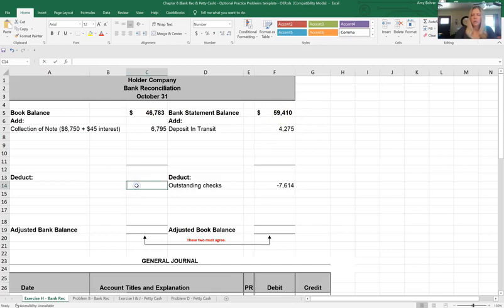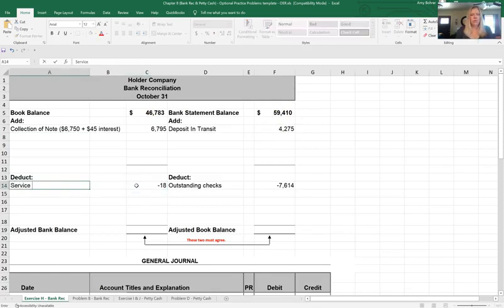So we have to record that as a deduction from our account. There's no way we could have already deducted that from our book balance. When we make our adjusting journal entries, we will reduce our cash account by $18. And again, because it's a deduction, we're going to enter it as a negative.